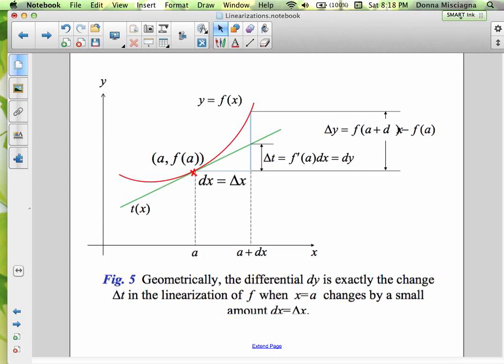So geometrically, the differential dy is exactly the change in the linearization of f when x equals a changes by a small amount. So how much is y changing, the value of the function changing, when we change x by a small amount? And that is our linear approximation formula.